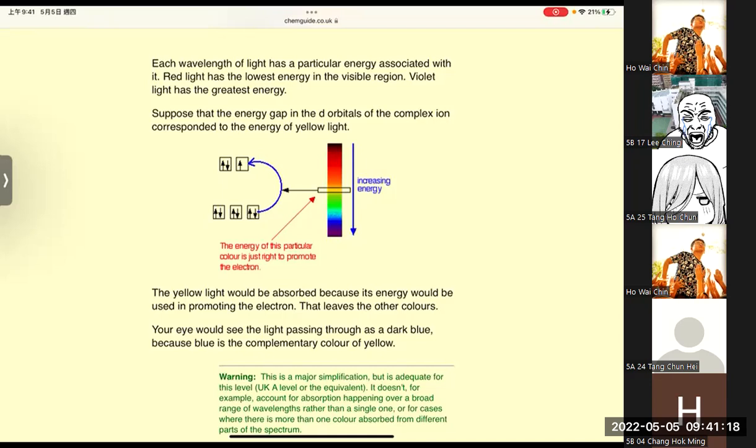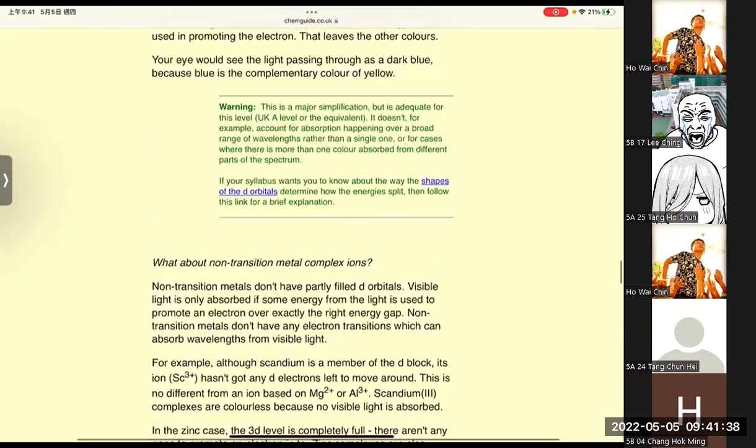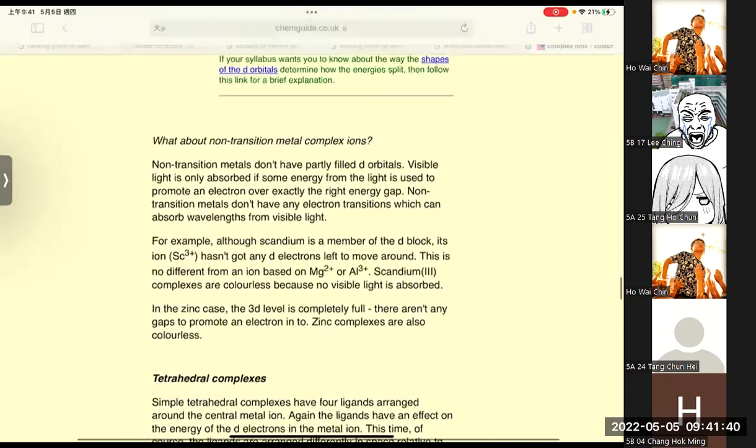So for example, when you see the solution as blue, you may find the energy gap is able to absorb the yellow light so as to let the other colors go. So you may find the solution as blue, for example, while the yellow light is mainly a mixing of red and green. Do you remember?